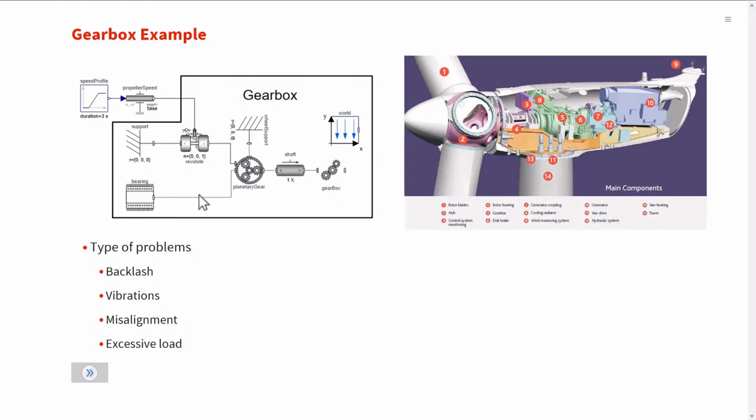While modeling that, we use pre-configured components from the rotating machinery to accurately model the gearbox, and the critical specifications like gear size, teeth count, and gear alignment are easily configured by entering precise values in our model. We simulate the model starting with a ramp-up speed profile for the propeller, reflecting real-world conditions.